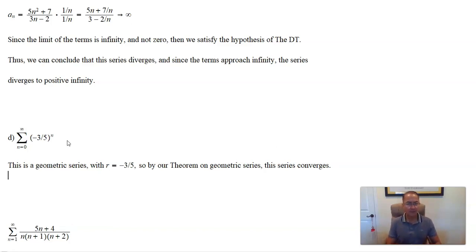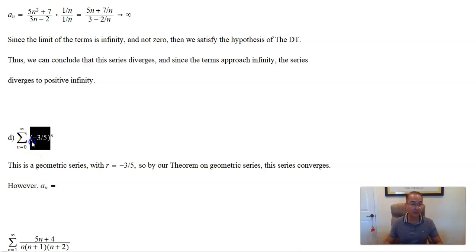All right. However, our a sub n is (-3/5) to the power n. And in part 1, we looked at geometric sequences. And we said that if r is between -1 and 1, then r to the n will converge to 0. Okay?